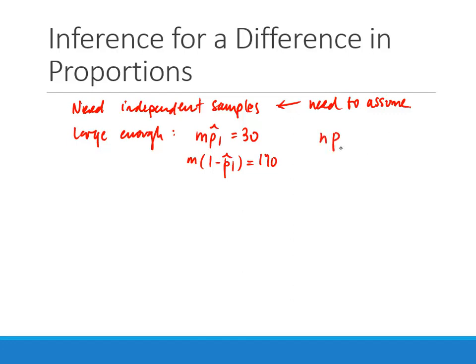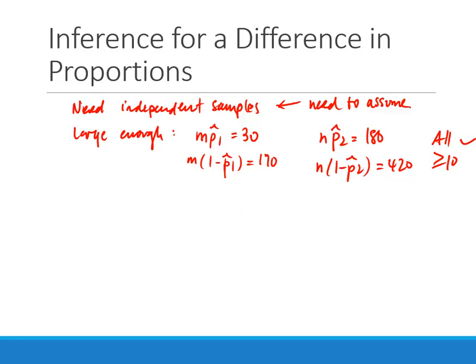We have n times p hat 2, which was 180, and n times 1 minus p hat 2, that was 420. So these are all greater than or equal to 10, so we're okay with our large enough condition. If we assume that our samples are independent here, they're large enough, so we're good to go and we can proceed with our test.